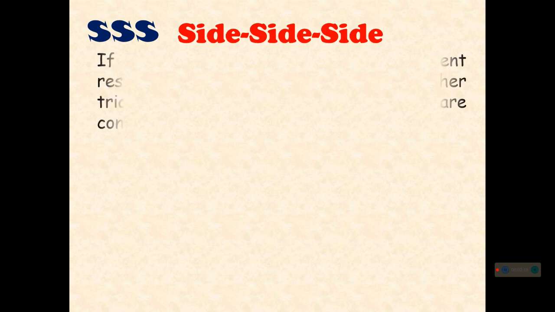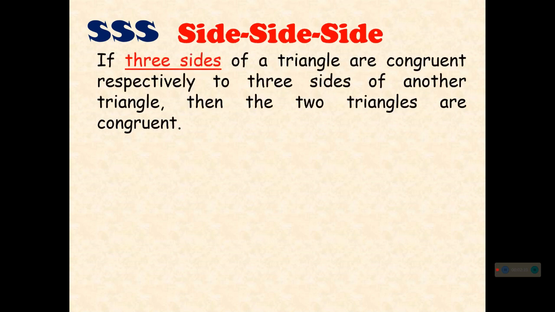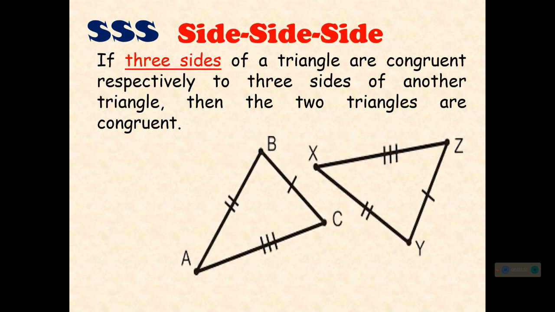Let's have the third one, the side, side, side. If three sides of a triangle are congruent respectively to three sides of another triangle, then the two triangles are congruent. For our example, let us have this figure. We have here three sides that are congruent.